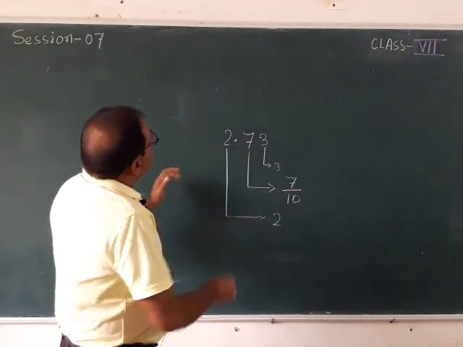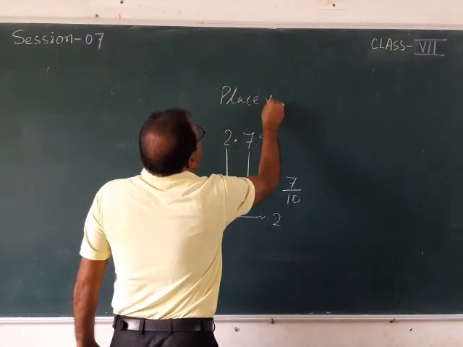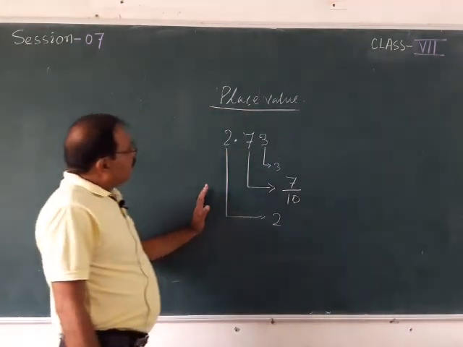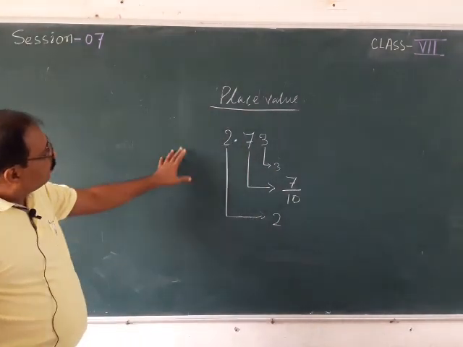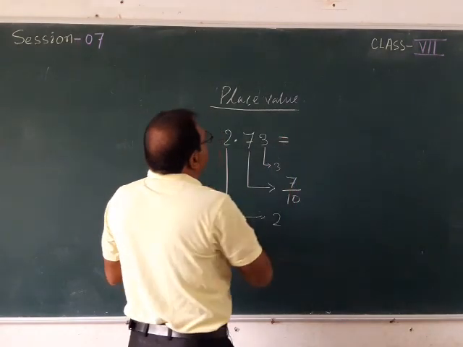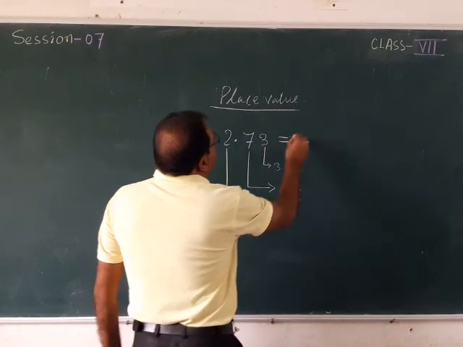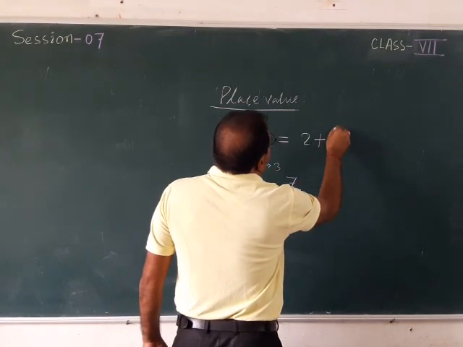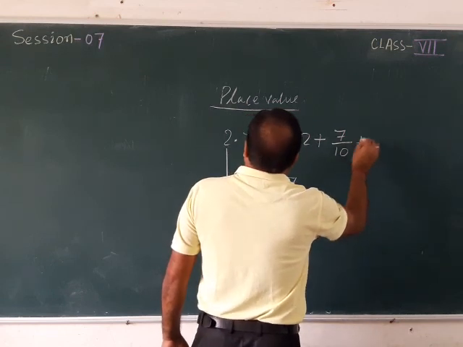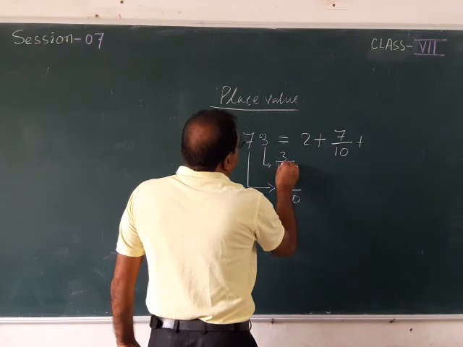When I write it in expanded form, as you studied in standard 6, it can be written as 2 plus 7 upon 10 plus 3 upon 100.